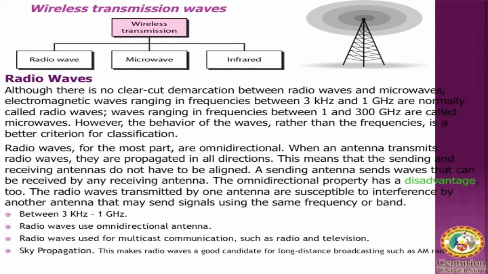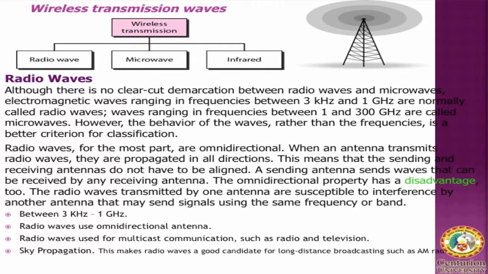Radio wave uses omnidirectional antennas. That figure is an example of omnidirectional.